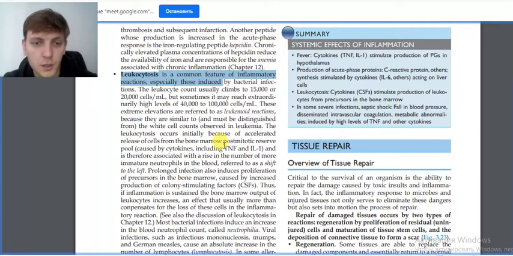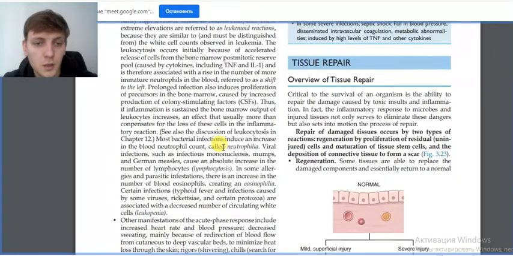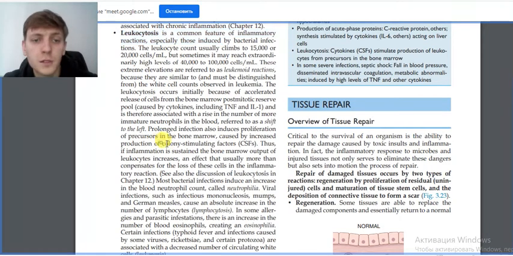This reaction is caused by colony stimulating factors. So TNF and interleukin-1 cause the activation of colony stimulating factors for neutrophils or basophils or eosinophils or lymphocytes, regarding the needs of the body.